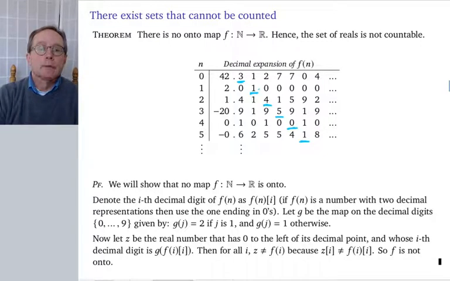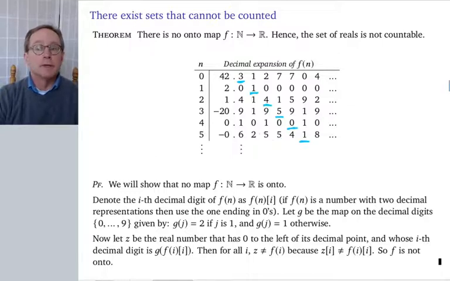The number that I produce will have something other than 1 here. 2. The number that I produce will have something other than 4, other than 5, other than 0, other than 1. So I'm going to invent a number that doesn't have a 3. Oh, okay, a 1. Doesn't have a 1. Okay, 2. Like so. I'm going to change all the numbers on the diagonal.